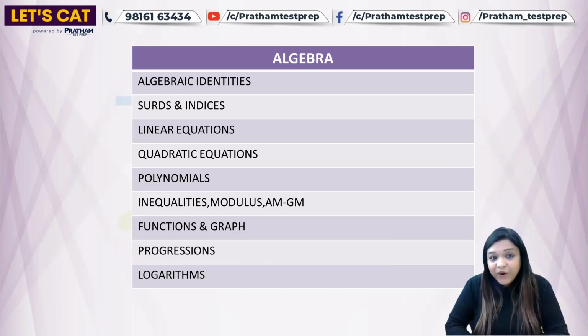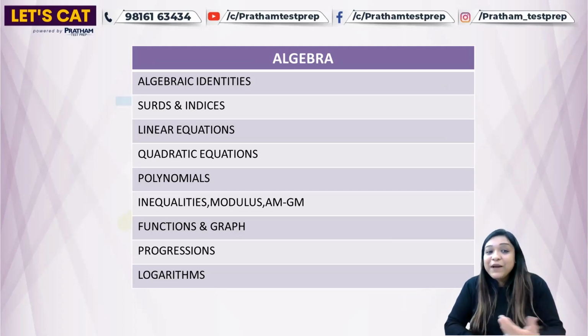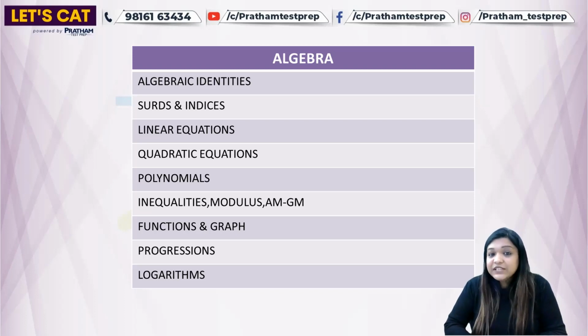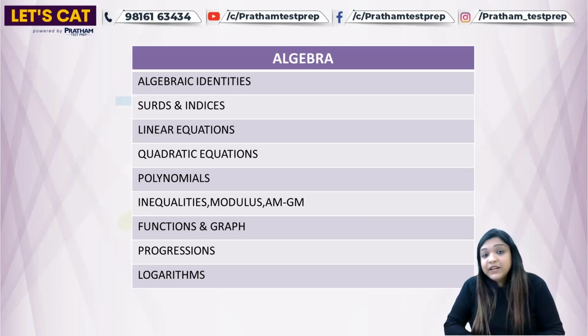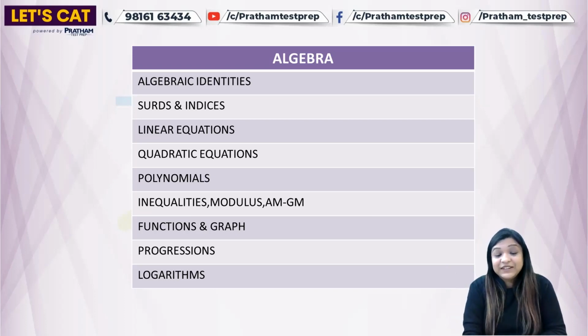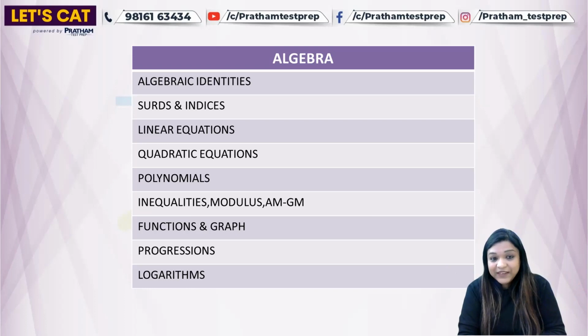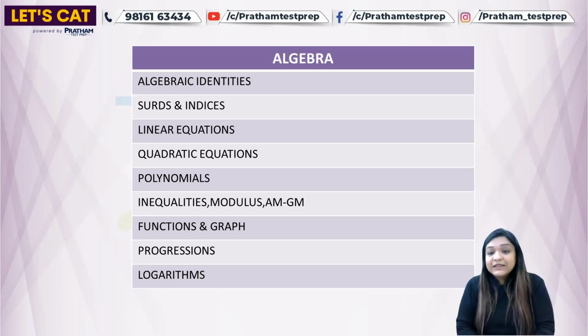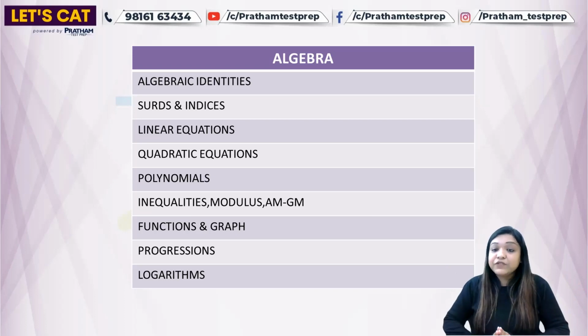It has linear and quadratic equations, followed by polynomials, inequalities, modulus, arithmetic mean and geometric mean inequalities, functions and graphs, progressions, which is your AP, GP, HP, and logarithms. To our surprise, in the previous year's logarithm question, logarithm is a good topic, but its practice is very important, because last time the question was doable but it was a lengthy question.